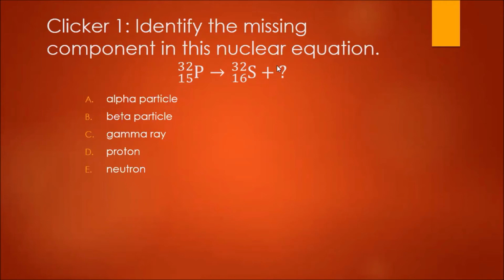A neutron would have 1 mass, 0 charge. So we'd see a loss of a neutron as it breaks into a proton.